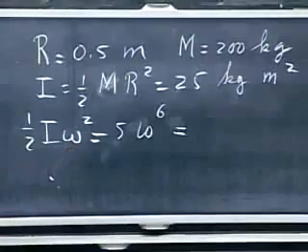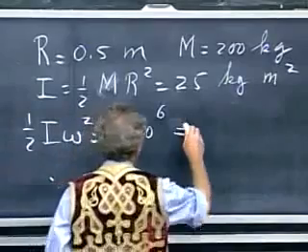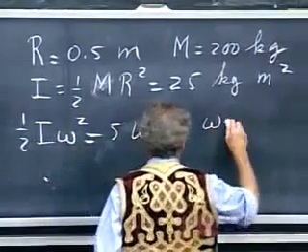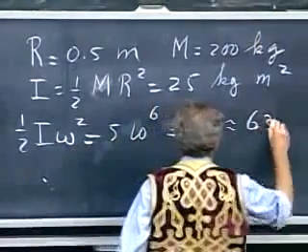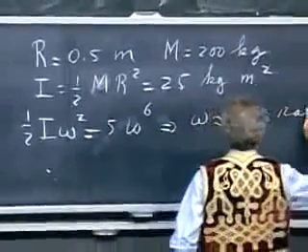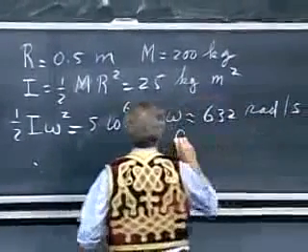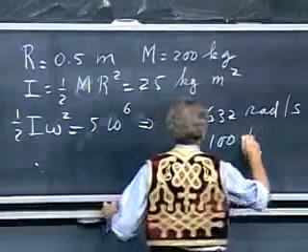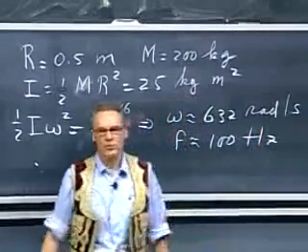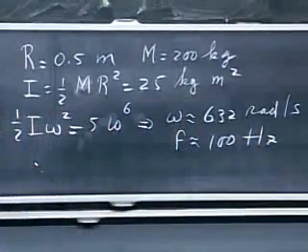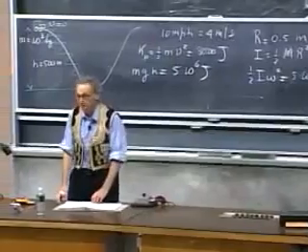And so that immediately tells you what omega should be for that disk. If you put in your numbers, which is trivial, you find that omega is about 632 radians per second. So the frequency of the disk is 100 hertz, 100 revolutions per second. I don't think that that is particularly extravagant.